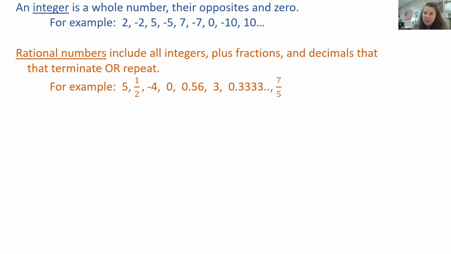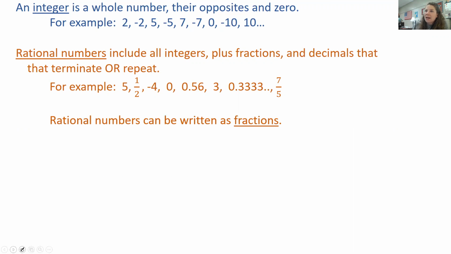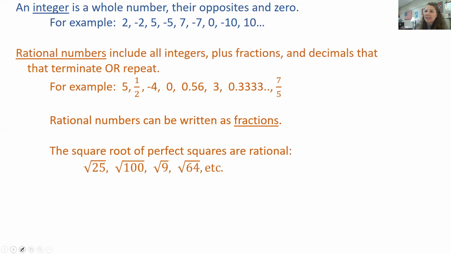So not all decimals, but all decimals that end, like 0.5, or repeat in a pattern, like 0.33333, because when you have a repeating decimal, you can write it as a fraction. So really, an even better definition for rational number is any number that can be written as a fraction. Rational numbers can be written as fractions.